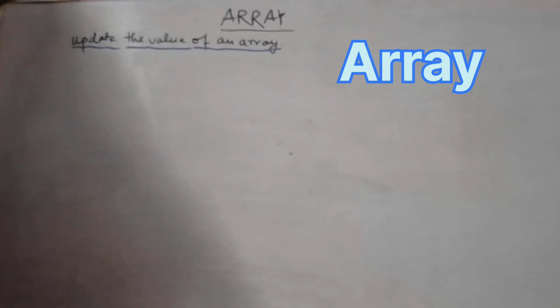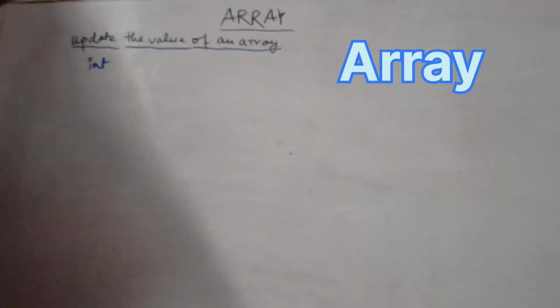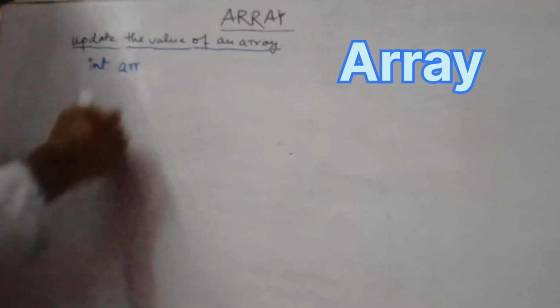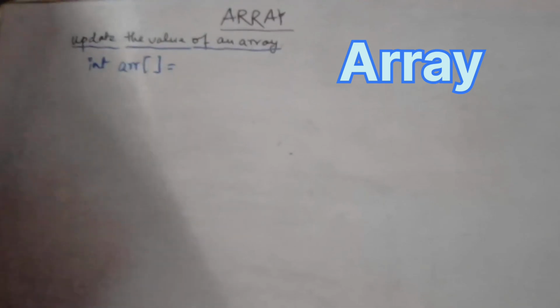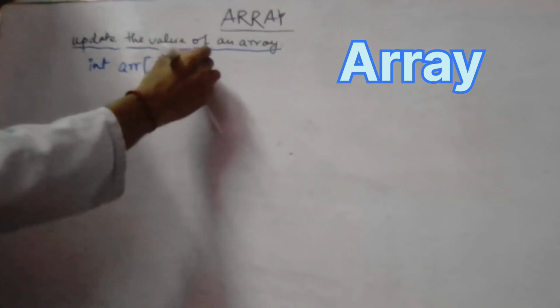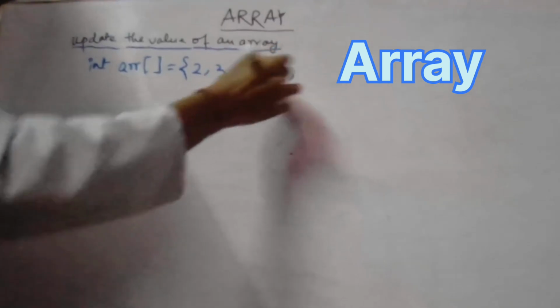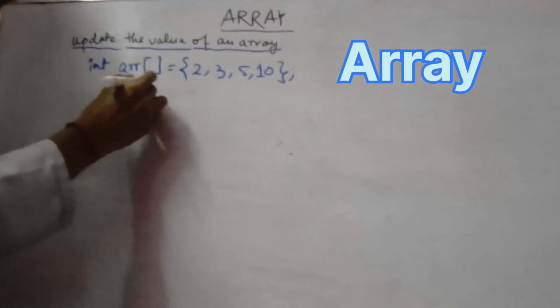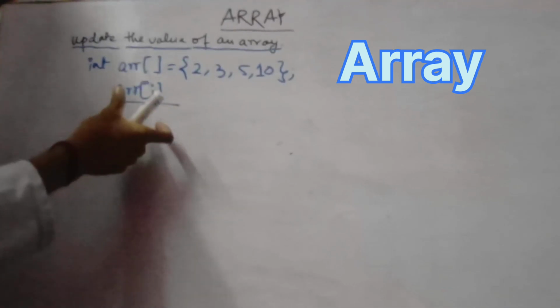So let's see. We're going to initialize an array. Let's say it is an integer array. It can be anything; it can be character also and float also. So int, let's say arr as the array name. Then put 2, 3, 5, 10, let's say. Now, to access the value, array of 5 means the array name and then the index in between.